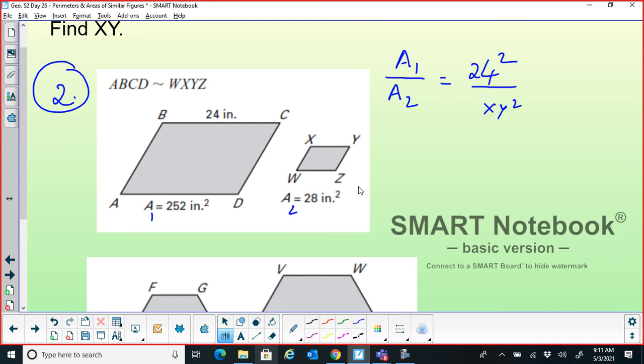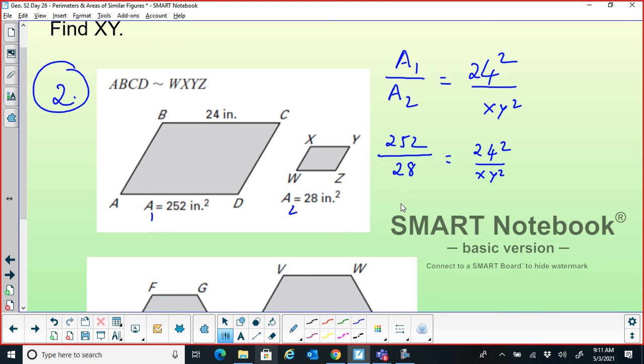From the previous theorem, A1 is to A2 equals 24 square over xy square. A1 is given as 252 square inches and A2 as 28 square inches. Square inches get crossed out, so we have 252 over 28 equals 24 square over xy square.